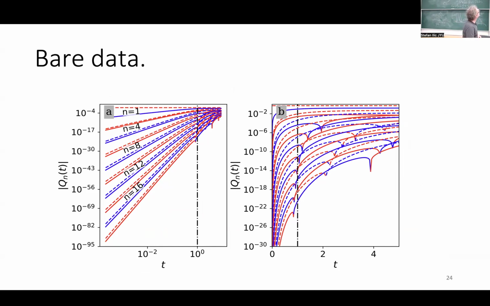The reason I'm showing this plot is that the same technique allows you to calculate numbers varying from 10 to the minus 95 to order 1. I'm not aware of many techniques where you can get such a large scale of things. I think it's very special to this. Experimental level for sure.